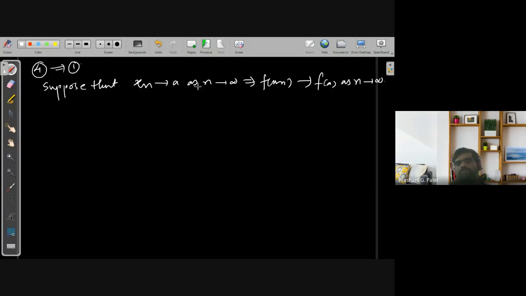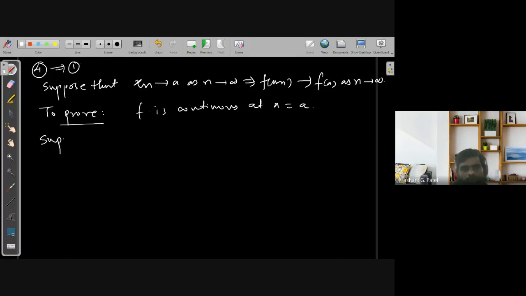That means under this map, every convergent sequence is preserved. So what to prove here is f is continuous at point x equal to a.